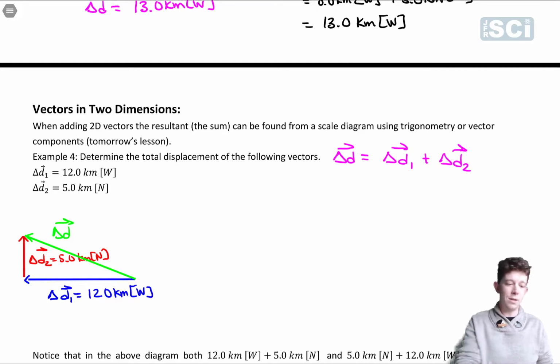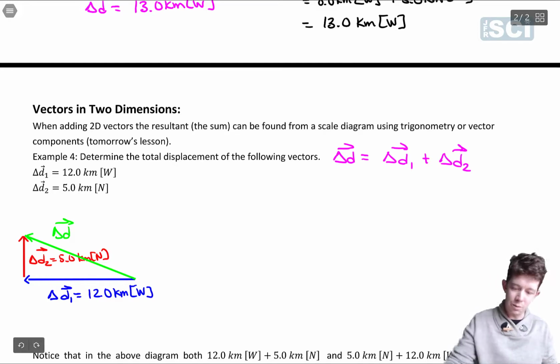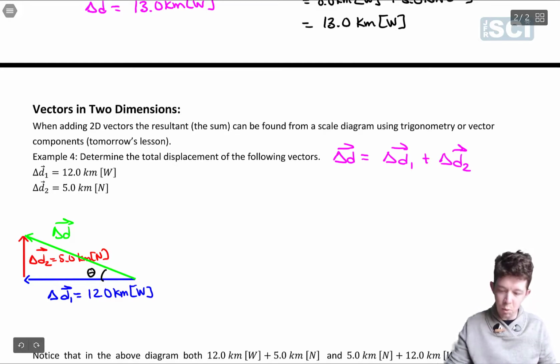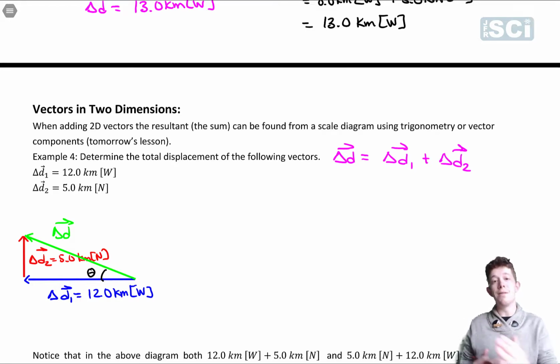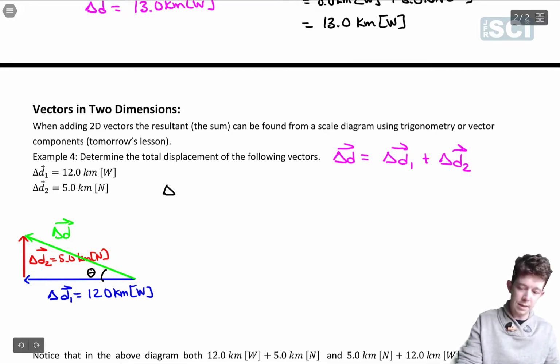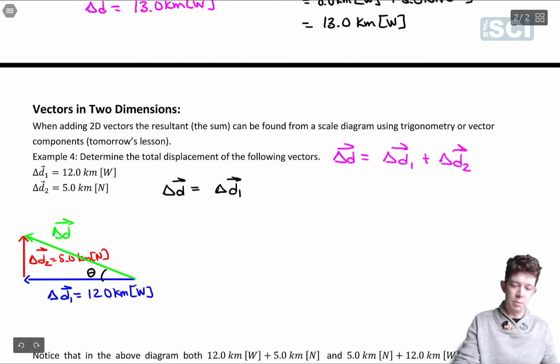And so notice that there's now an angle associated with this. There's an angle which points from the very beginning to the very end positions. So I'm going to need to find out the length of delta D as well as the angle of delta D. Okay, so let's work through this. So delta D is equal to delta D1 plus delta D2.